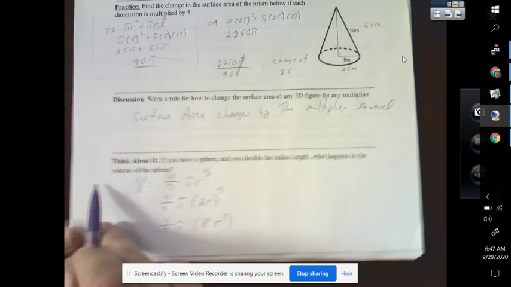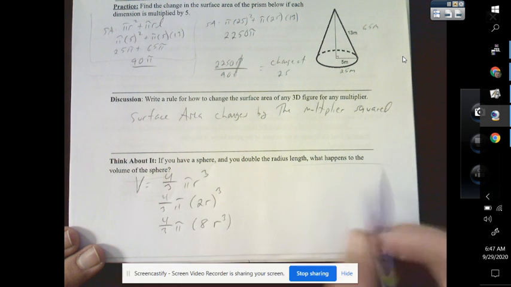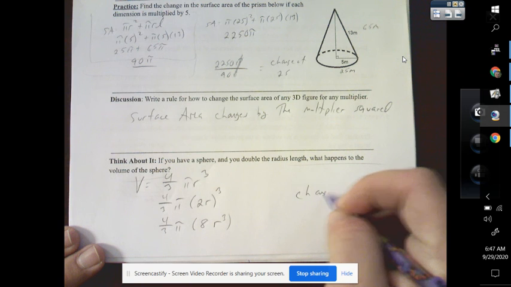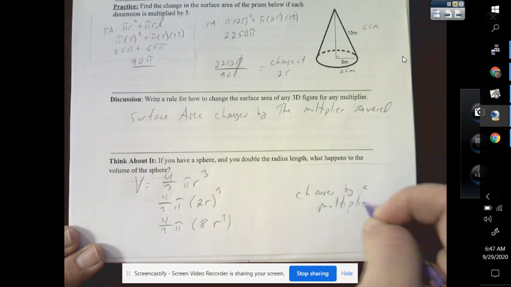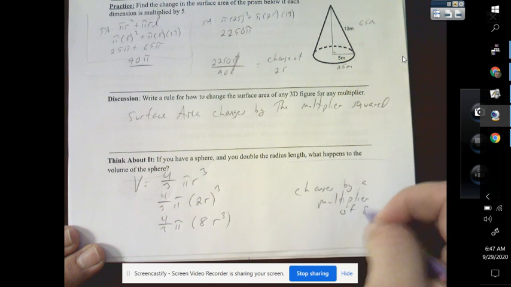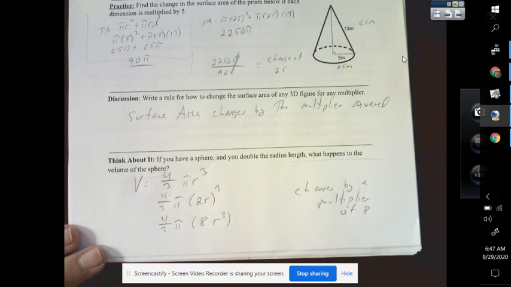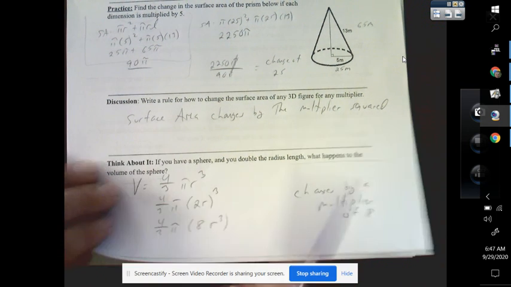So the volume changes by a multiplier of 8, 2 cubed, 2 to the 3rd power. You can already see where we're going with this. Surface area is squared, volume is cubed.